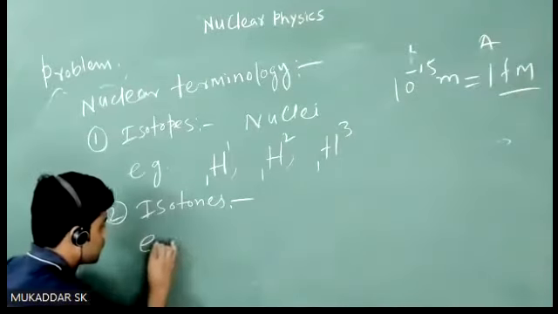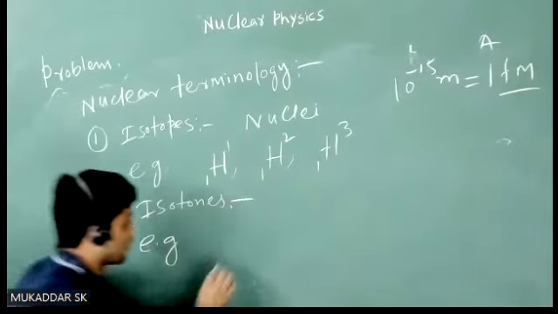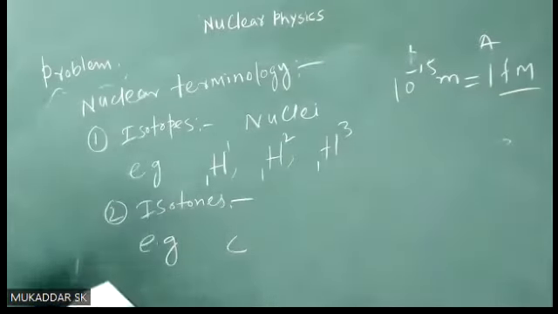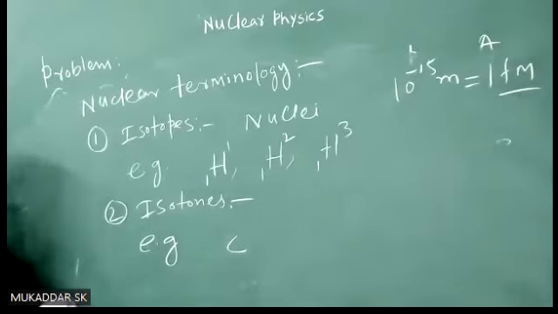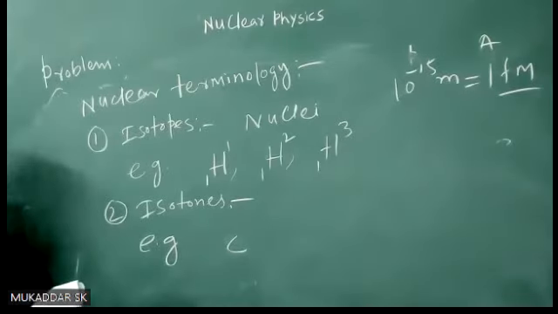Example, carbon. Same nuclei with same neutron number. Neutron number means number of neutrons. Same neutron number are called isotones.